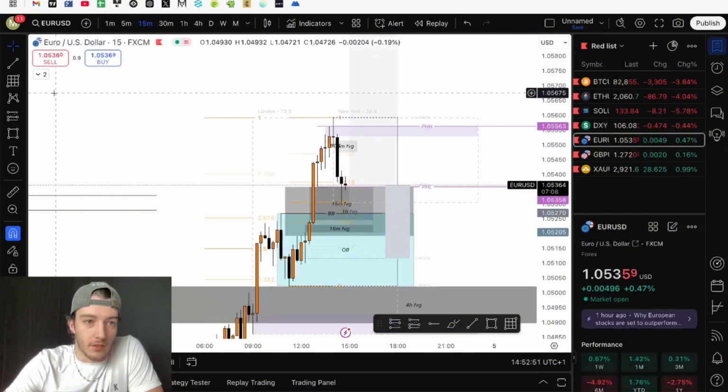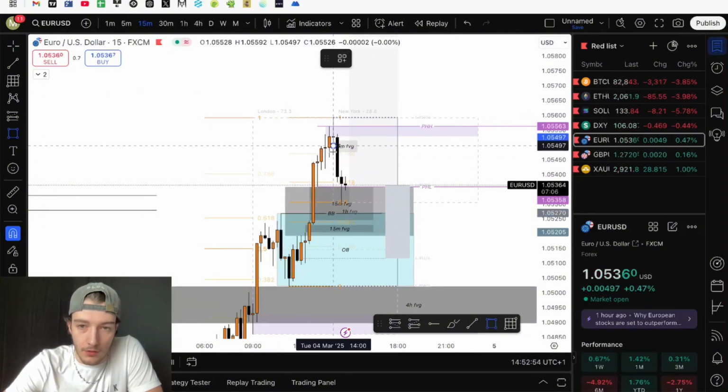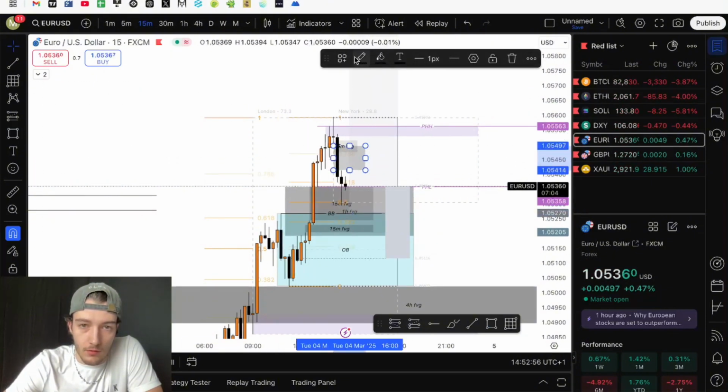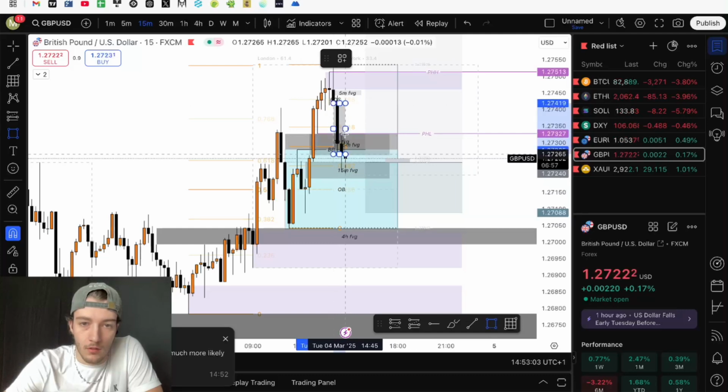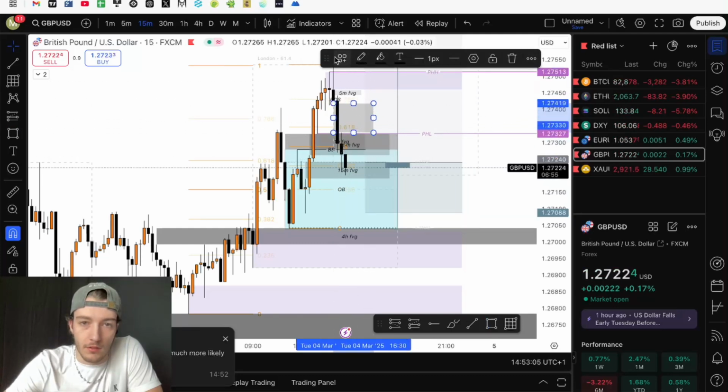I'm also gonna mark out this 50-minute bearish fair gap here on Euro and GU, just to keep in mind that price might just come back into here and move lower. Gotta keep an eye on this here.